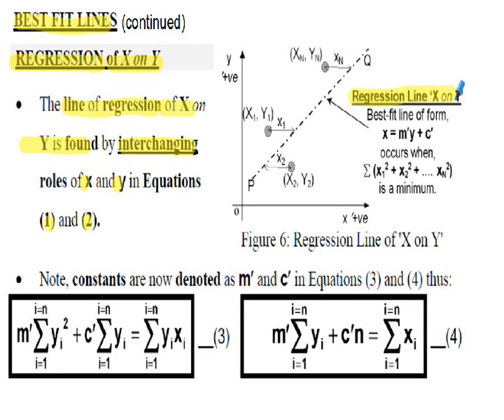A regression line of x on y is the best fit line of the form x equals m dash times y plus c dash, and it occurs when the x values squared, so x1 squared plus x2 squared plus x3 squared, etc., added up is a minimum. So we're talking about these values here, the x values. When they are a minimum from the line, we get the best fit line. So figure 6 is a regression line of x on y.